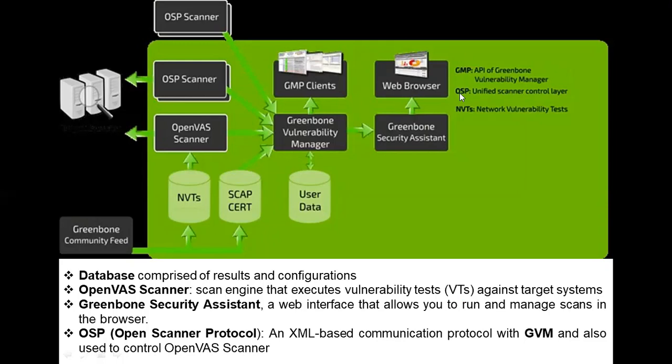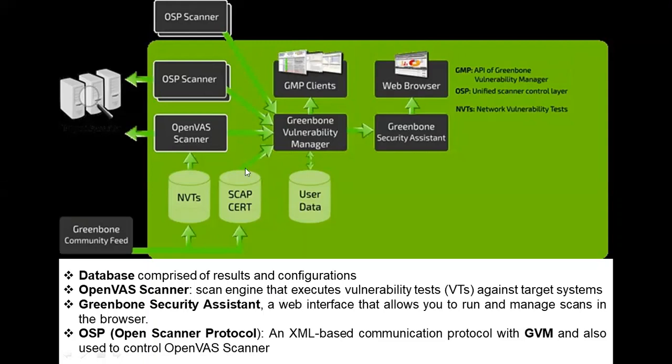Like I told you guys, a database that will store the results and configuration. It will have either an internal database or a database that you can integrate to. It will have the scanner itself, the scan engine, that will execute the vulnerability tests against the asset.